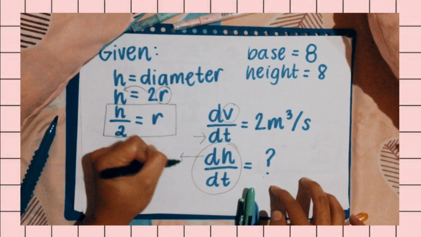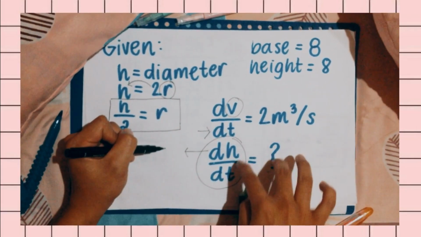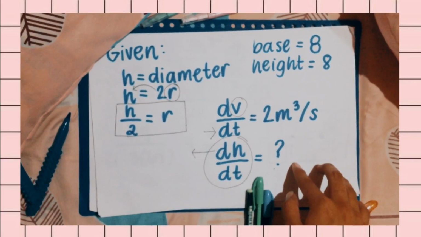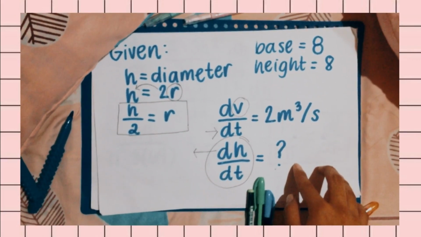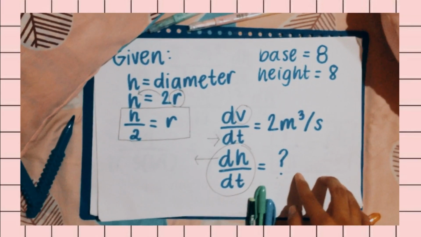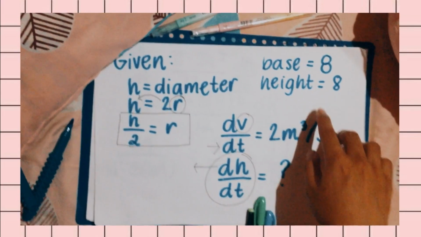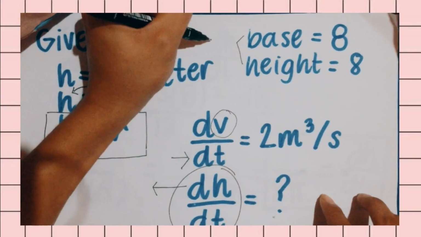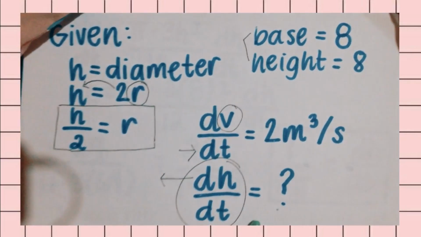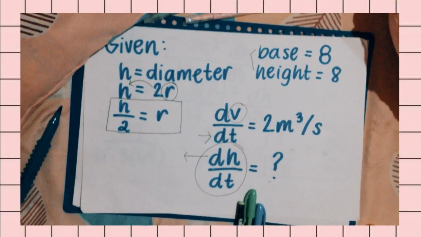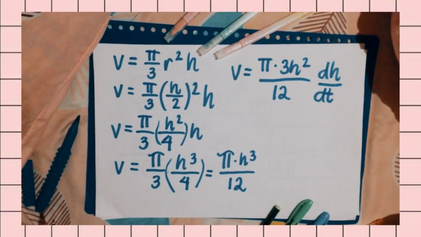So this is the rate of change of the height with respect to time, dh over dt. The base and the height have the same value. So now the given values of the problem are stated, so we can now solve.